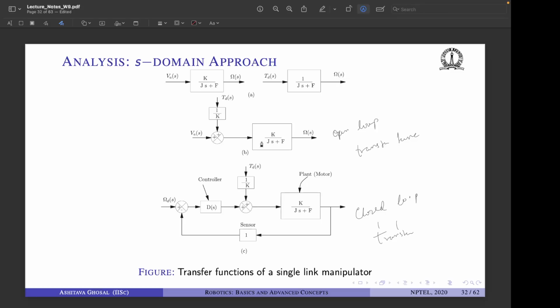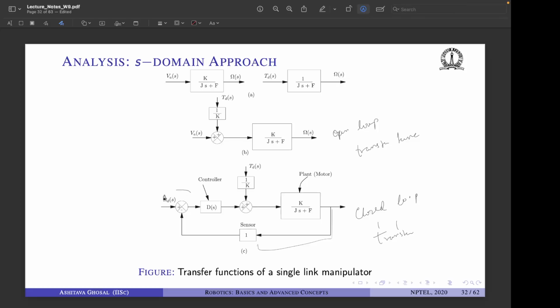So that is the limitation of open loop control, and that's why all the control schemes that are implemented have this feedback part in them, right? This feedback part is the line that you see coming here, where a sensor is reading the actual angular velocity of the motor and feeding it back to the desired.